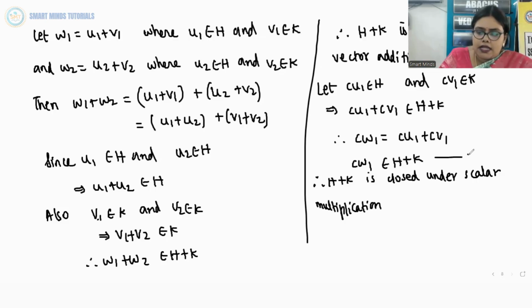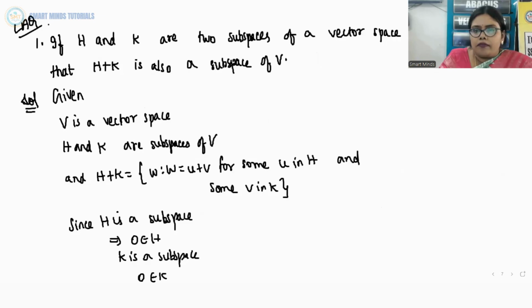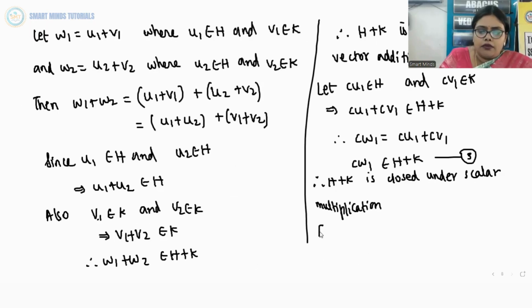So let us take this as equation number 3, this as equation number 2, and here you can say that 0 belongs to H plus K, and this is equation number 1. Now finally you can conclude from 1, 2 and 3, H plus K is a subspace of V.